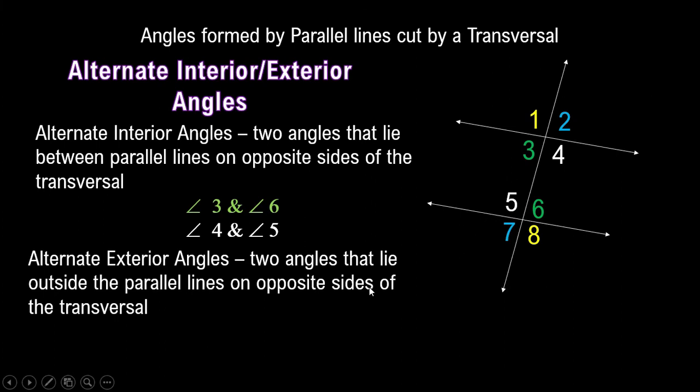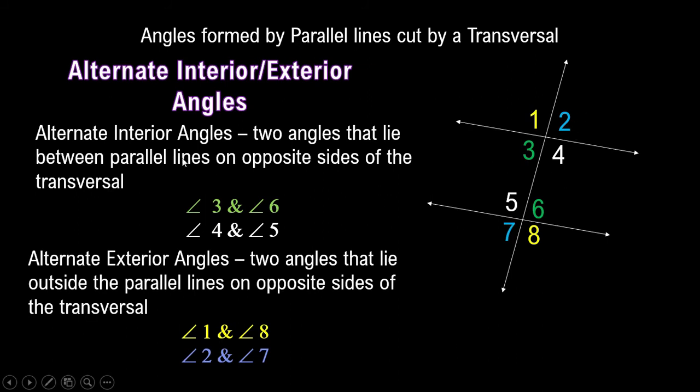Okay, so let us name the first set. We have angle 1 and angle 8. So exterior and on opposite sides of our transversal. Then our second set is angle 2 and angle 7.